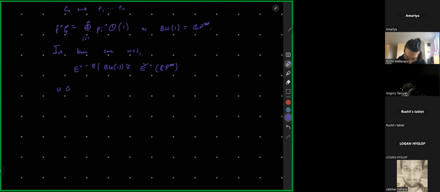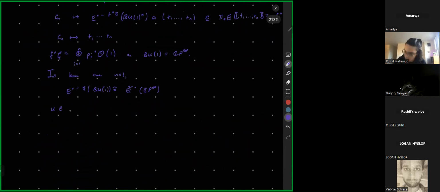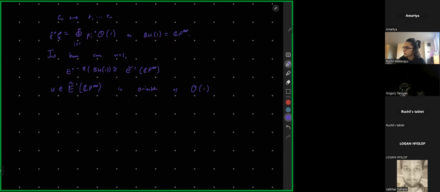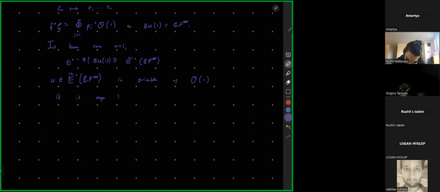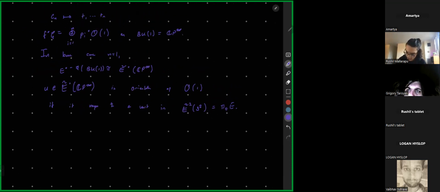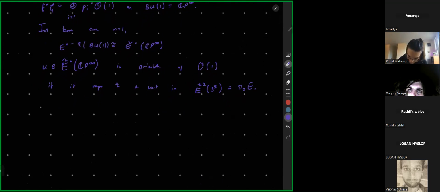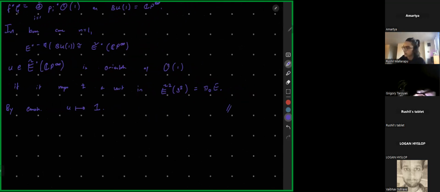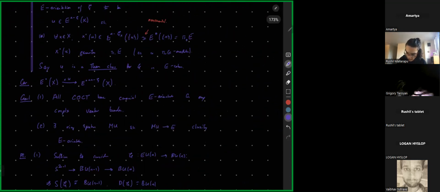And for our class U living in CP infinity, this is an orientation of the universal line bundle if it maps to a unit in the reduced second homology of the S2, which is just, let me write this as pi 0 of E. At this point it's trivial because by construction U here just maps to 1, and then we're done. So this gives us everything we want in the universal case.